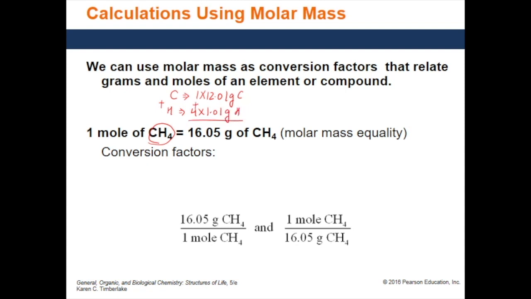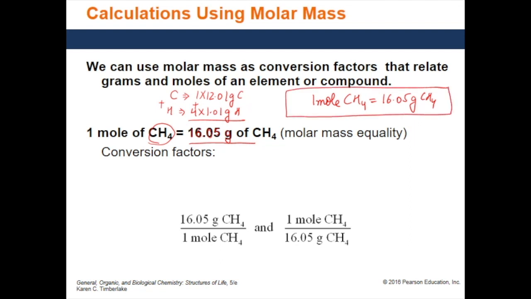You add this together and this would give you a molar mass of 16.05 grams of CH4. So that is the molar mass of CH4, meaning we can use this conversion factor. 1 mole of CH4 is equal to 16.05 grams of CH4.